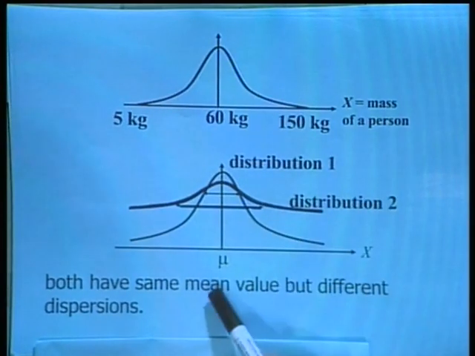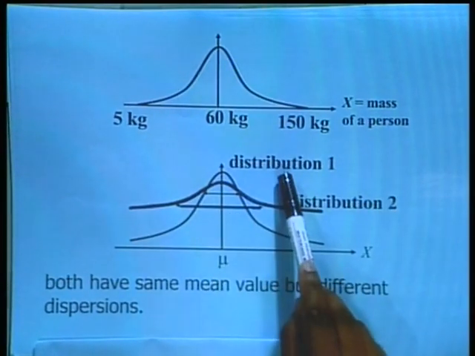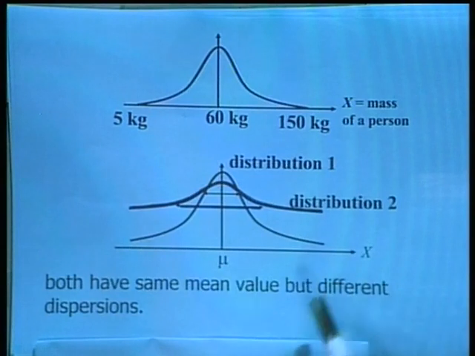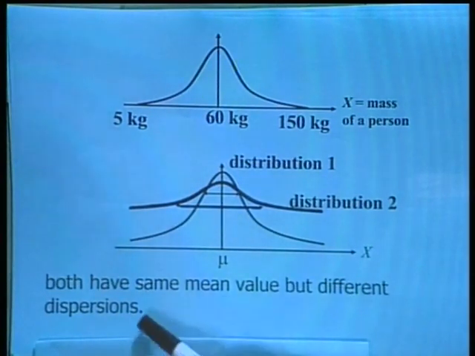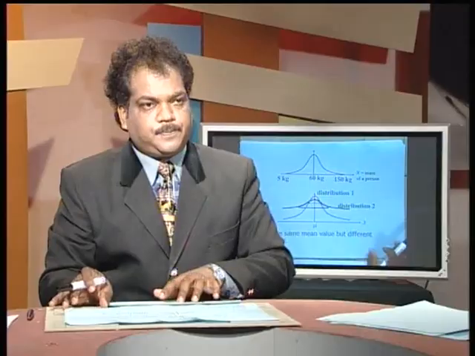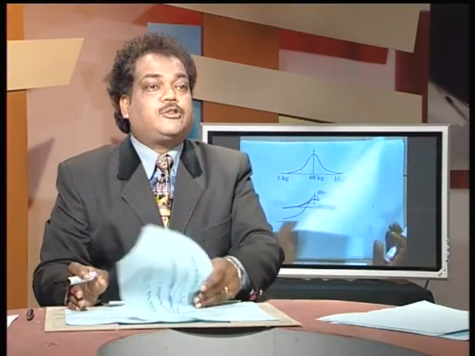So we say that both distributions have the same mean value but different dispersion. This means that to determine the shape of a normal distribution, it is not sufficient to have the mean value. We also need a parameter which will indicate the dispersion.